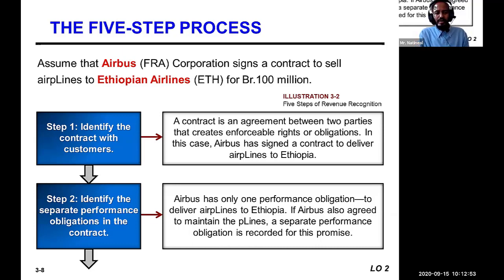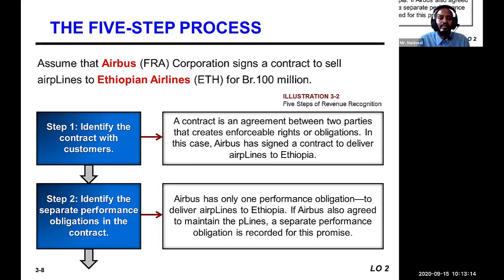Step 2: identify the separate performance obligations in the contract.